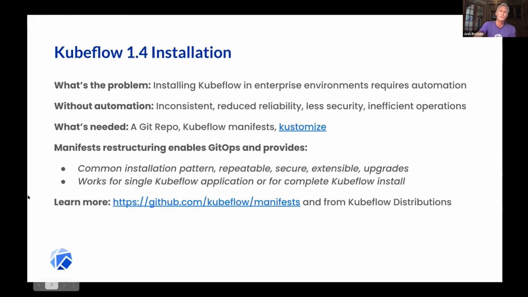So we do believe this Git process provides a common installation pattern for folks that's repeatable, it's secure, it's extensible, you can customize it, and it includes being able to do upgrades. So this works for a single Kubeflow application as well as for a complete Kubeflow install. And you can learn more at the GitHub for manifests, as well as from the distributions.